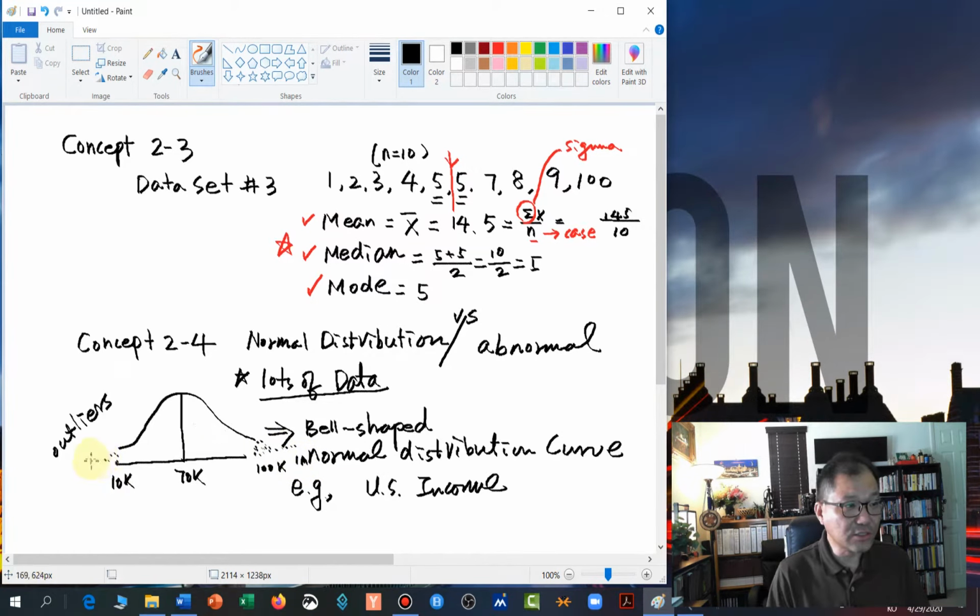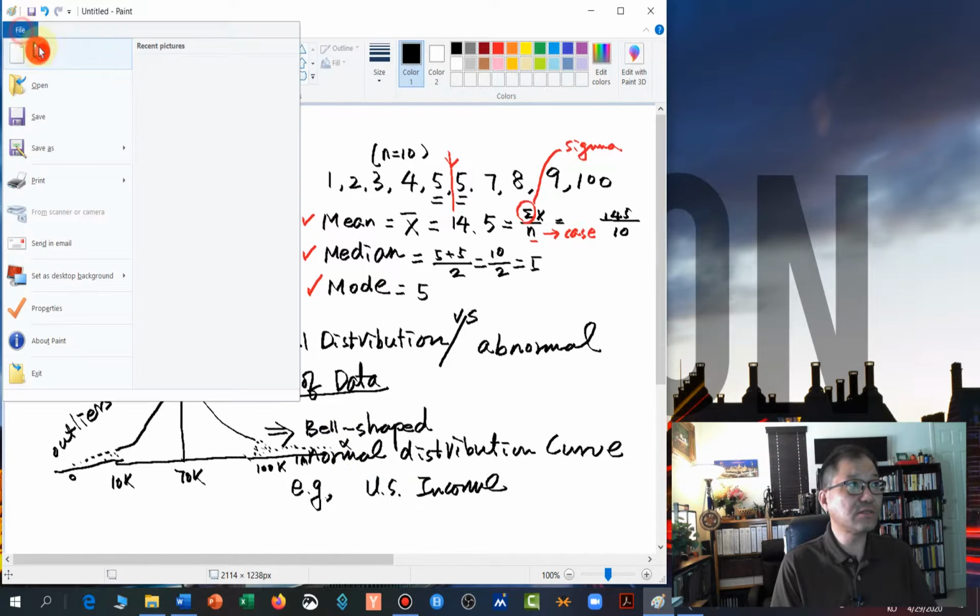Right? So technically, this curve can be stretched all the way to 0. And this right side can be stretched all the way to infinite. Right? So some people make $1 billion. So those are really, really rare cases. Okay, so let me close this down.